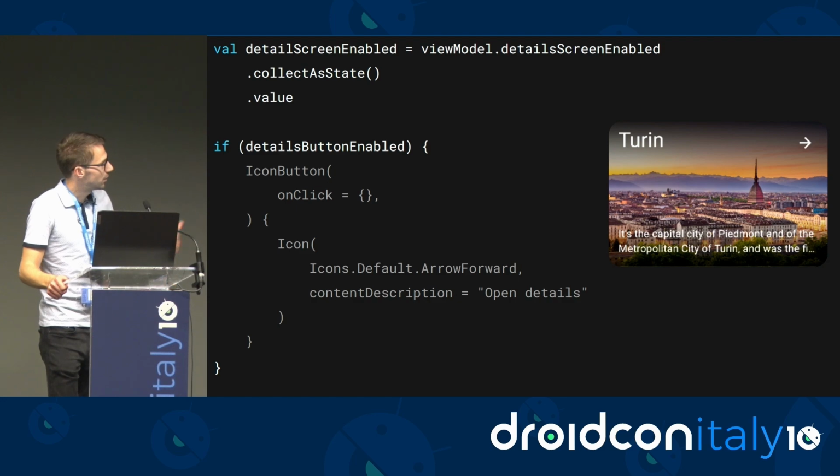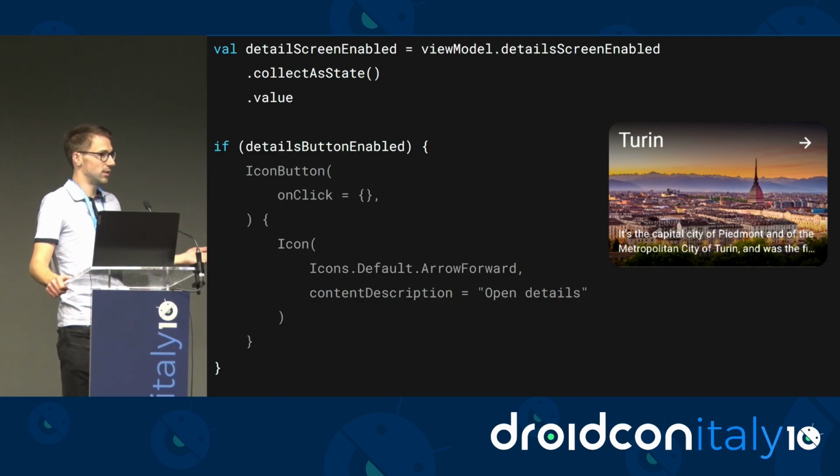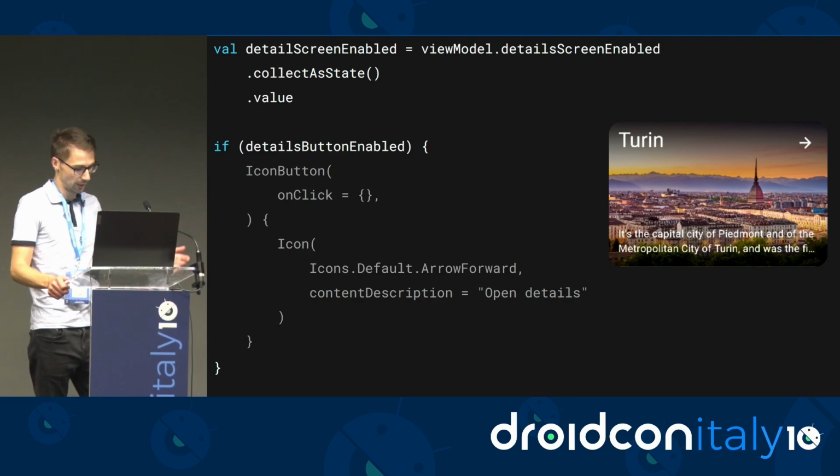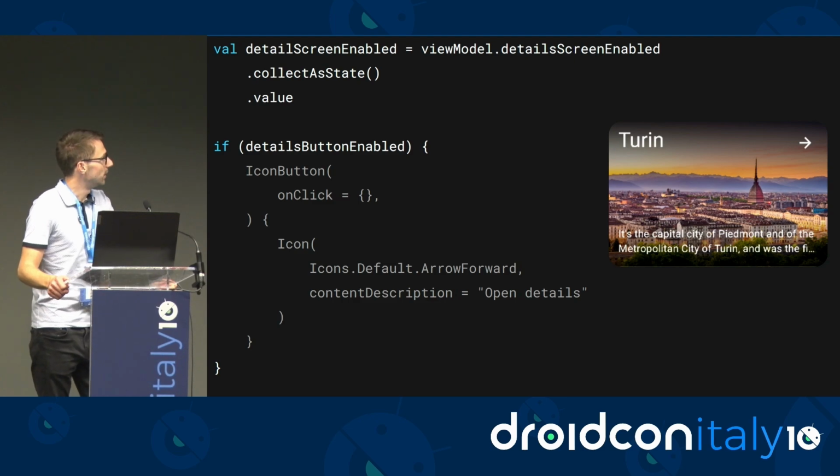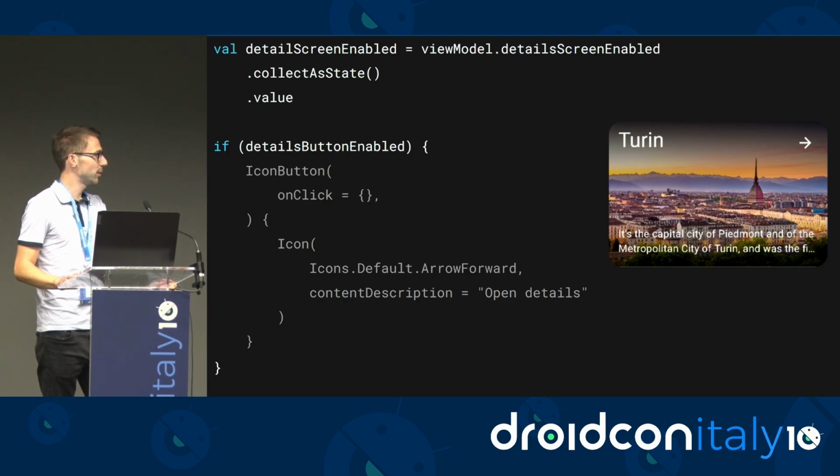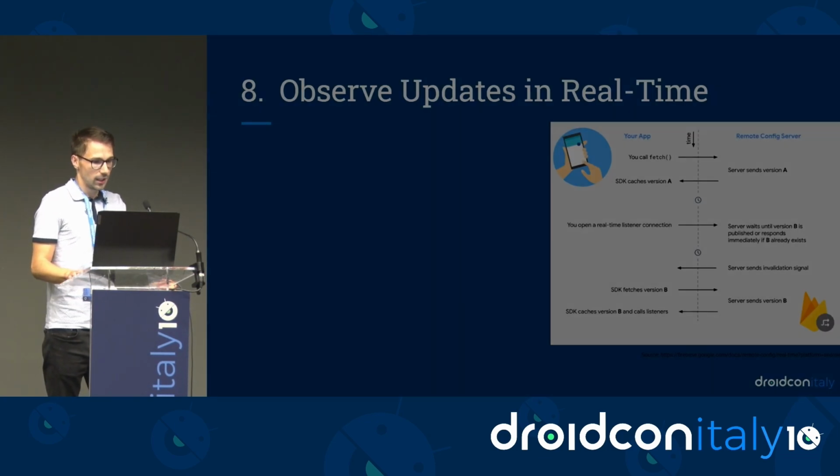So while the feature flag is for the details screen itself, which you're building, we're only showing and hiding the entry point, right? Because if there's no entry point, then the users can't access it.